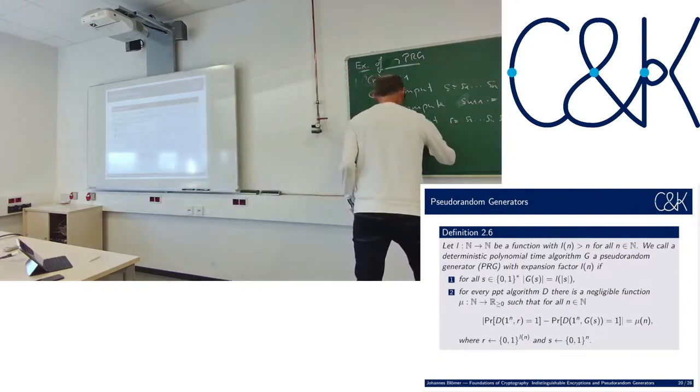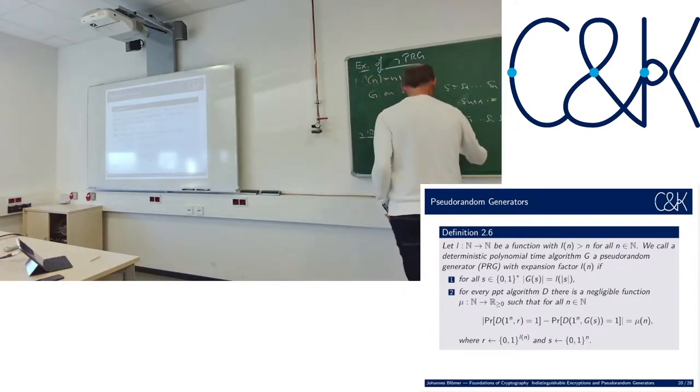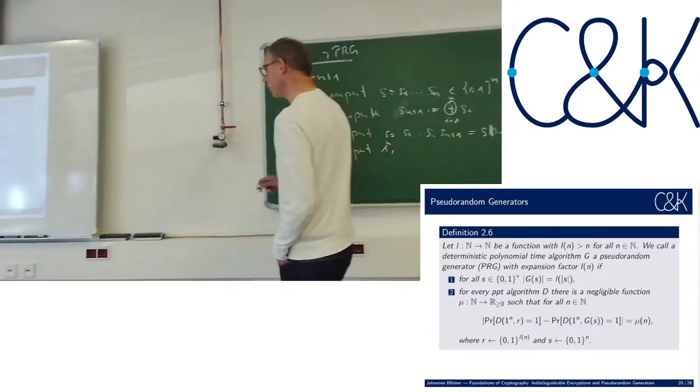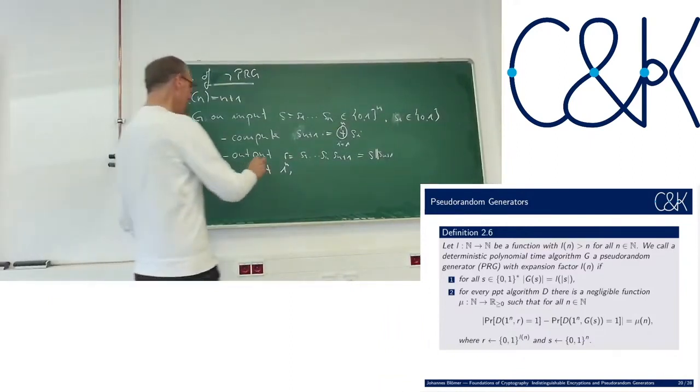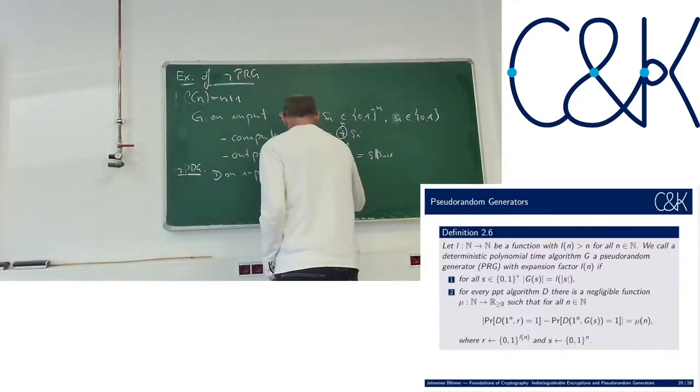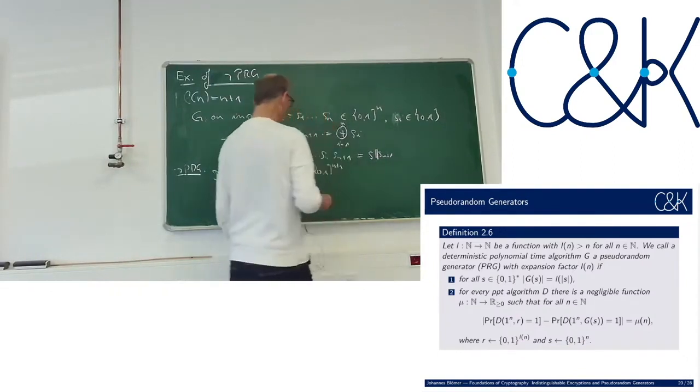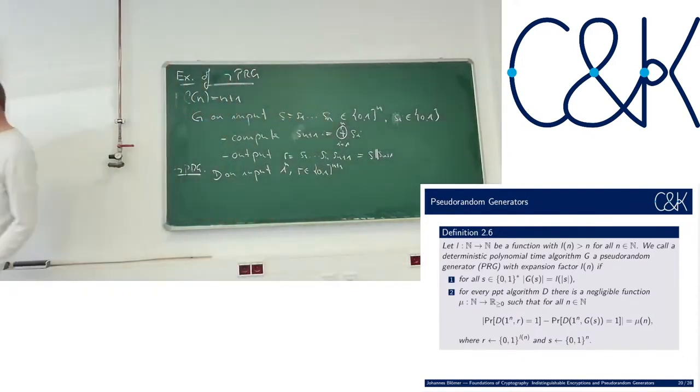on input 1 to the n and R, in this case of length n plus 1. Because if the security parameter is n, then we are talking about L of n, n plus 1.